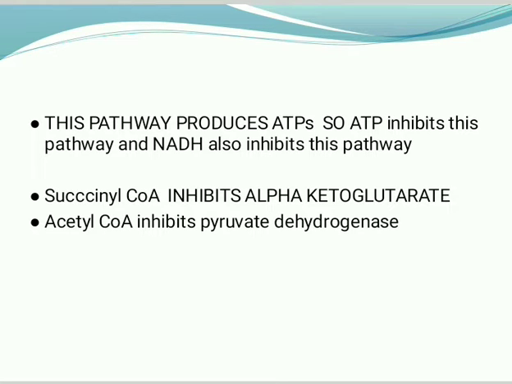If a large amount of acetyl CoA is produced, then it inhibits pyruvate dehydrogenase so as not to synthesize more acetyl CoA. And if succinyl CoA is present in excess, then it inhibits its previous step so that alpha ketoglutarate is not synthesized in the cell.